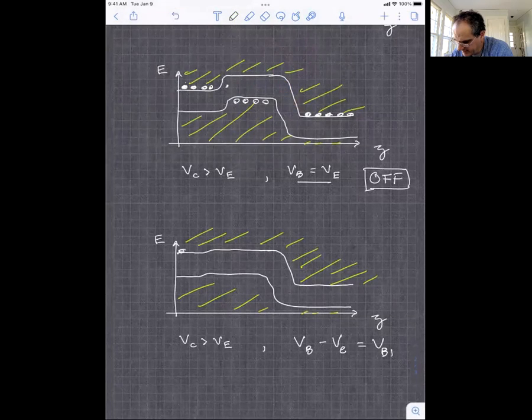So now electrons in the n-type region can readily diffuse or drift across into the p-type region, and then some will find themselves pulled across into the collector.